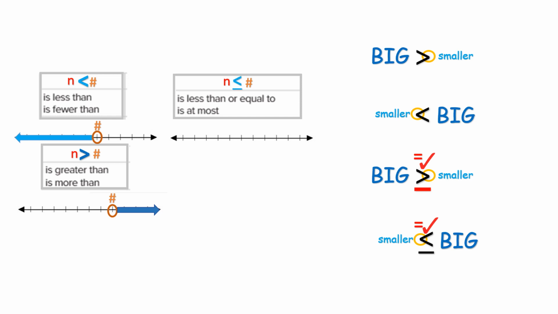So we plot it by looking at the number itself. We circle it, but then since it can be equal to it, we have to fill in that circle. So we simply shade it in or we put a dot because we've plotted that it can be equal to a specific number. And then when we see that the n is being pointed to, it's smaller. So it can be that number or anything smaller than it or less than it.